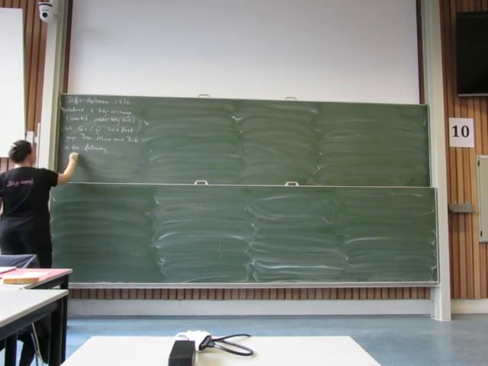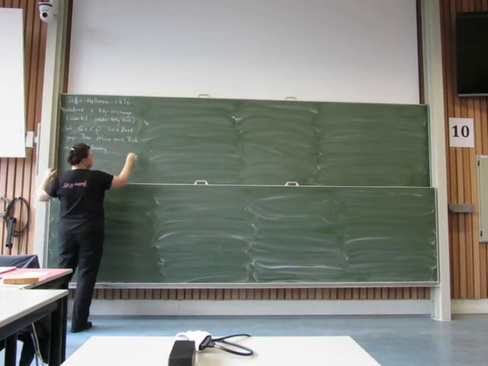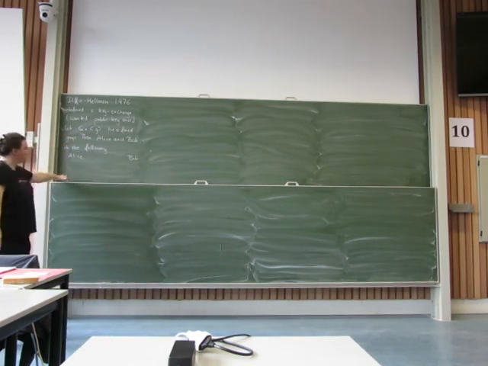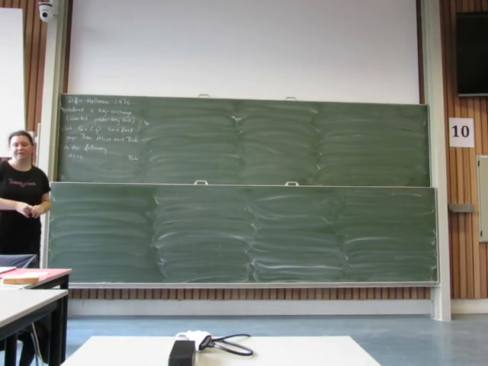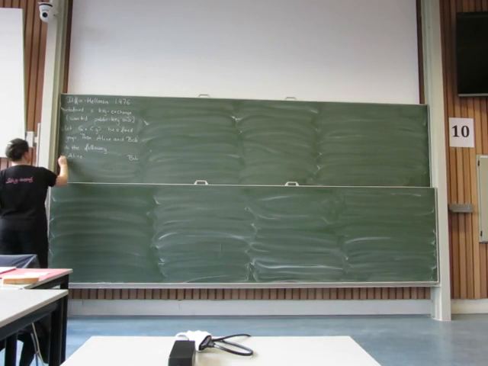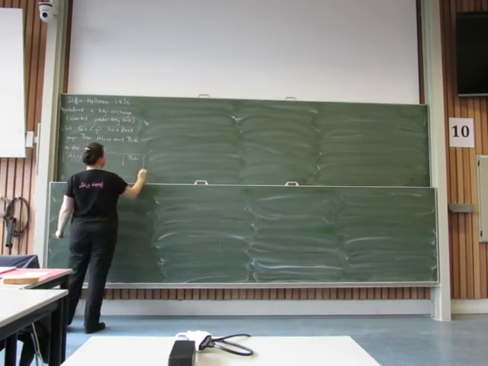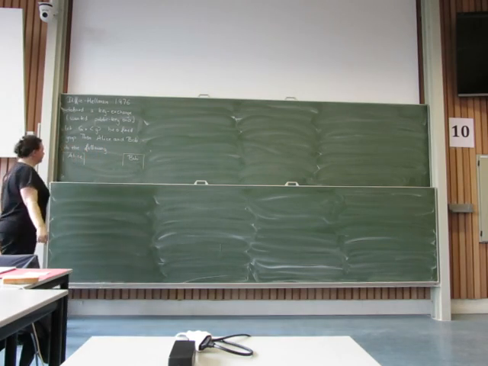I'll have Alice over here, Bob over here. So everything which is in these columns here is going to be on their computer. So whatever eavesdropper cannot see this.